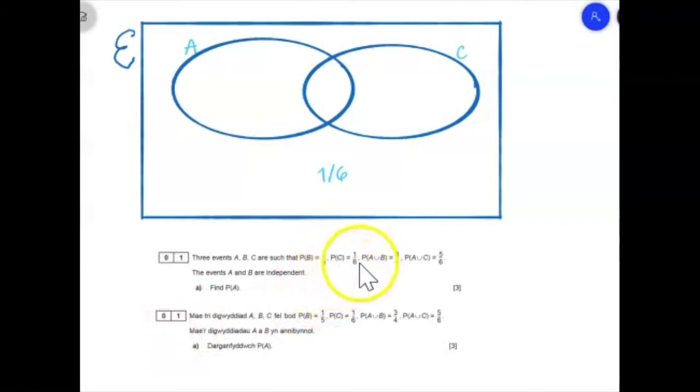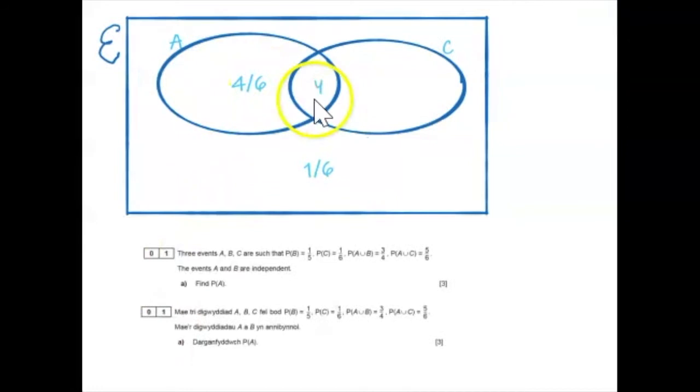The question tells us the probability of C is 1/6. We already have 1/6, so the probability of A only, this moon shape, is 4/6. So 4/6 goes on our diagram. If we call the intersection of A and C y, we know that 4/6 plus y is the probability of A, and we already know that that was 11/16.